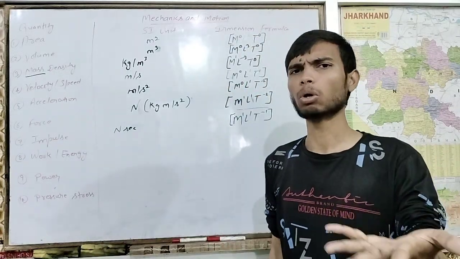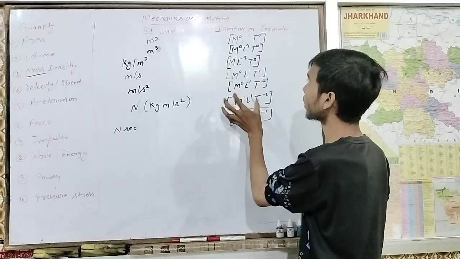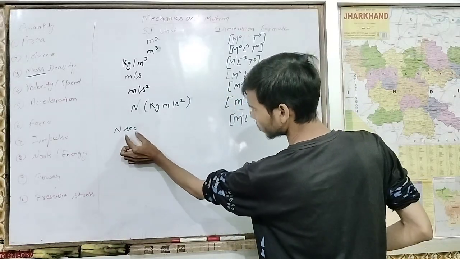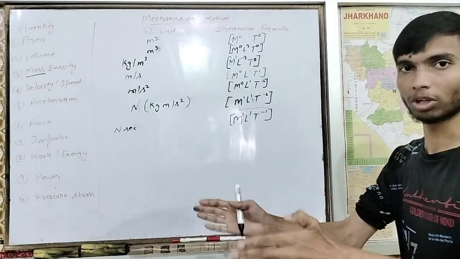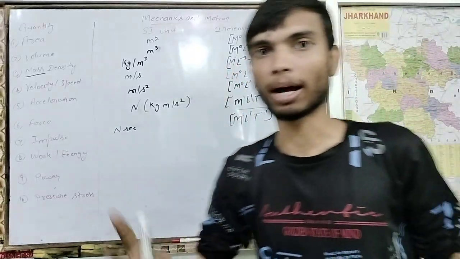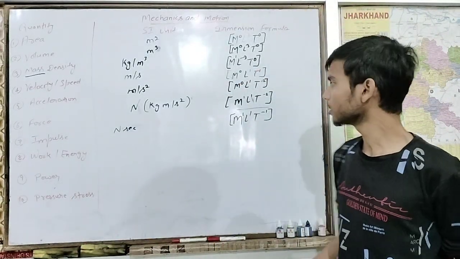What did I do? I just wrote the dimensional formula of force, and then I saw there's a second. Here it is giving a positive exponent, and here we already have the negative exponent minus 2. We just added. That's it.